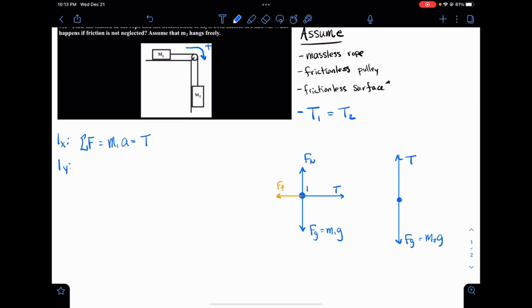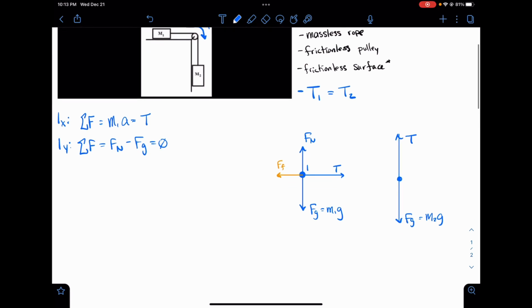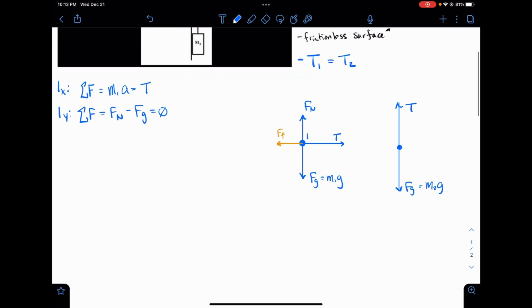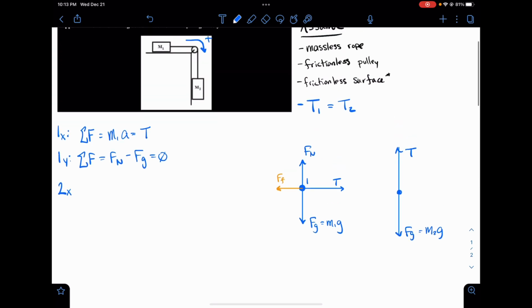In the y direction, which we won't really use, the sum of all forces, positive being the normal force minus the force due to gravity, just equals 0. Some problems that could be irrelevant; right here, it's not going to be any part of our situation. It's 0 because the block's not coming off the surface or pushing into the surface. There's no acceleration.